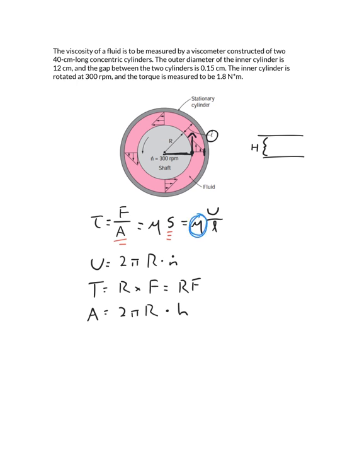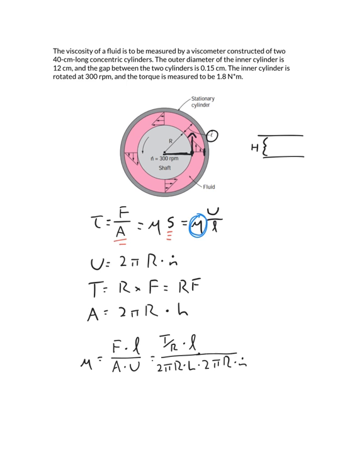We want the viscosity. And now with all of these relationships I've set up, we should be able to get to the viscosity from what we know. So viscosity is equal to force times L over A times U, which is going to be torque over R times L over 2 pi R times H times 2 pi R times n dot.